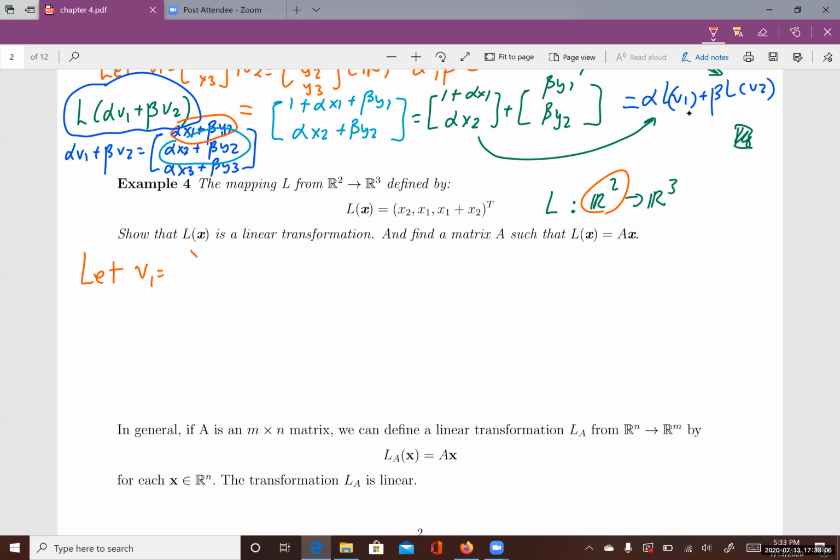So v1 = (x1, x2), v2 = (y1, y2), and alpha and beta are in R. These vectors are in R2, and alpha and beta are just constants in R.